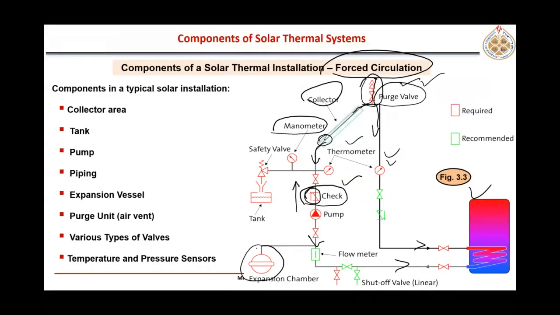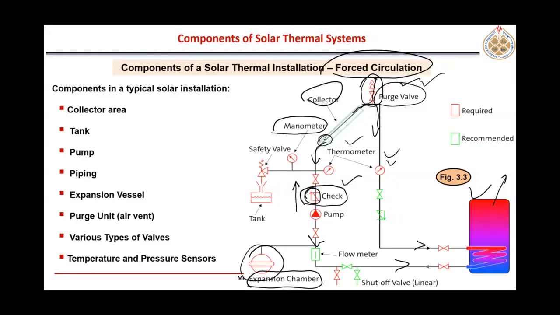Right, so there is that expansion chamber, which we will discuss later on also, but here I can briefly tell the purpose. If the system is overheating, because we are not taking that heat out, the system starts to overheat.